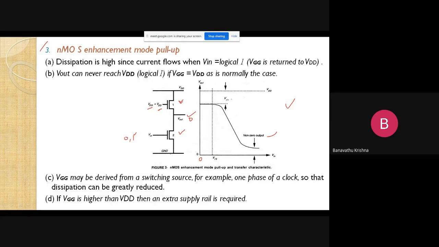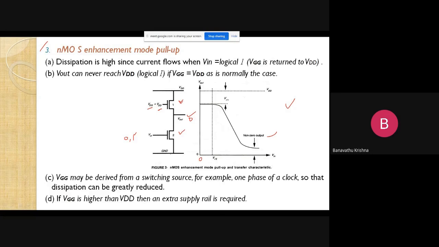So when we apply input voltage exceeding that level, only then is the device going to change its properties. So even though we are applying VGS as VDD, there must be some voltage drop, which is nothing but the threshold voltage here.